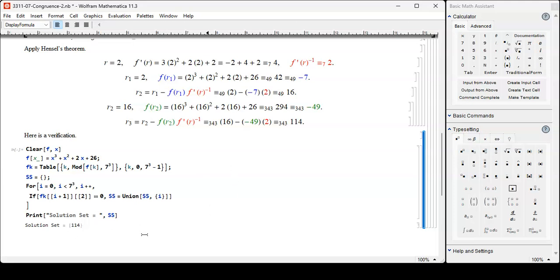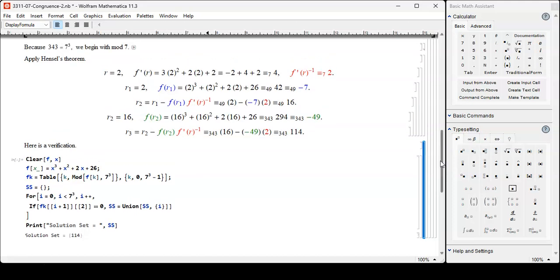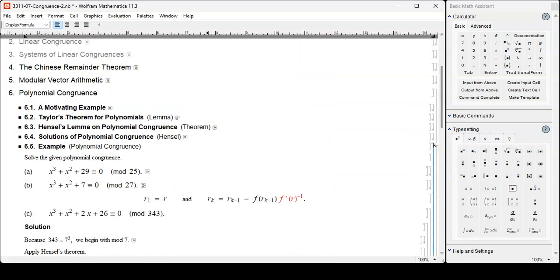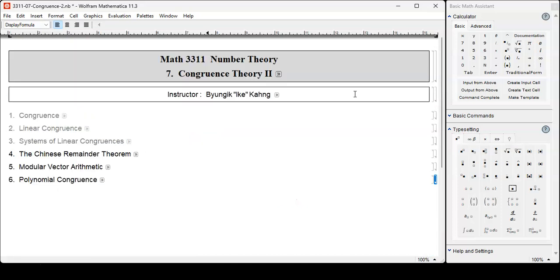Yes, we indeed get 114 if you do that brute force computation up to 7 to the 3rd power. Now if you can do it 3 times, you can do it 4 times or 5 times, just a matter of time. And then combining those with the Chinese remainder theorem, again, a matter of time.